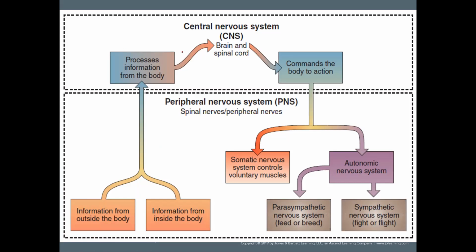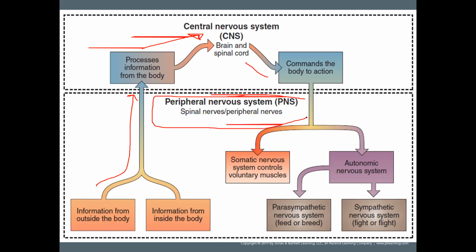So we have information from inside the body, information from outside the body, that comes along in nerves and goes to our brain, and we're able to either pick up a cup or walk away. So brain and spinal cord command body actions, and that is further divided.